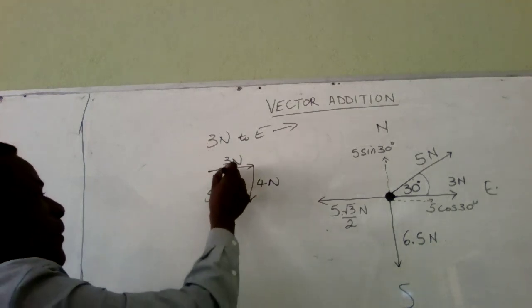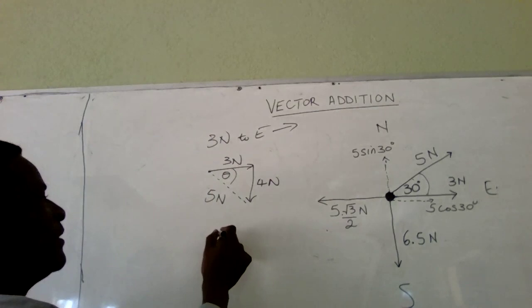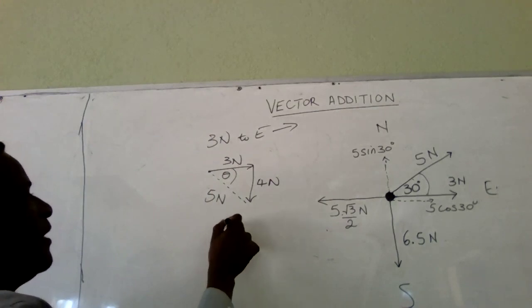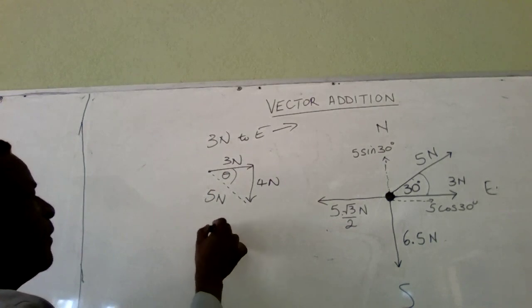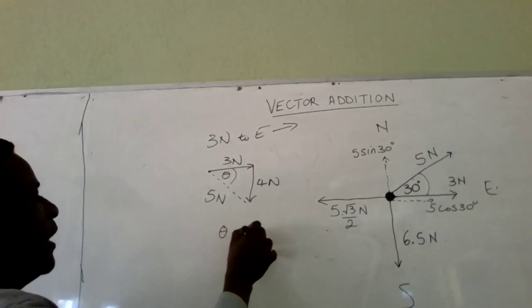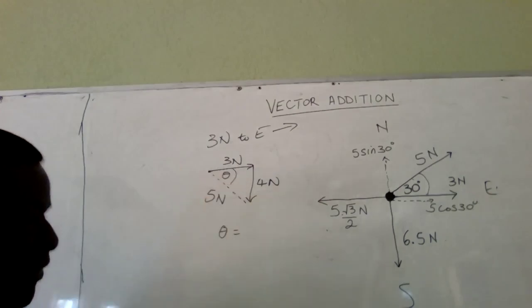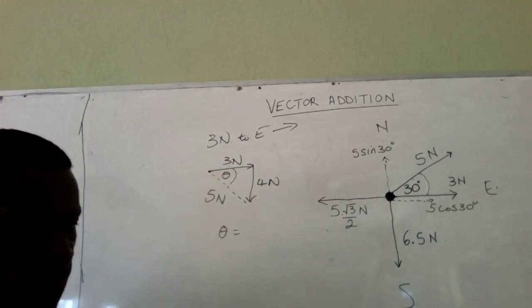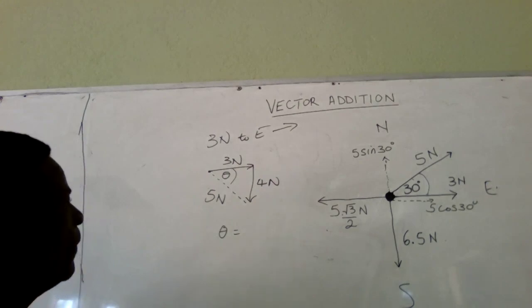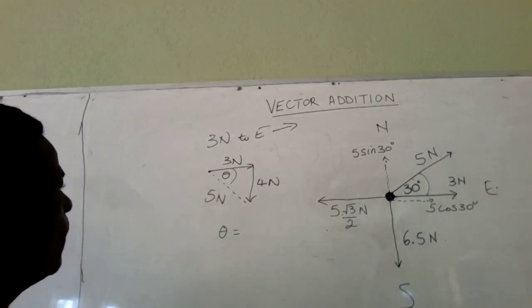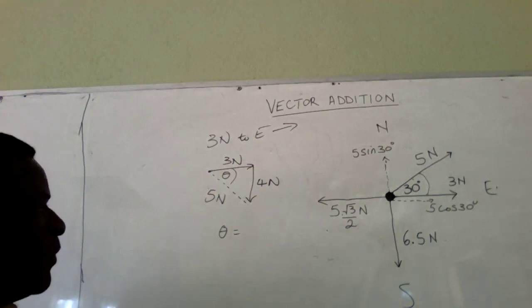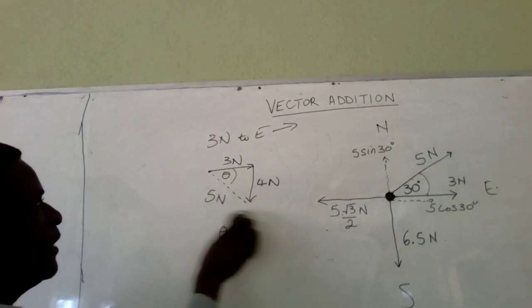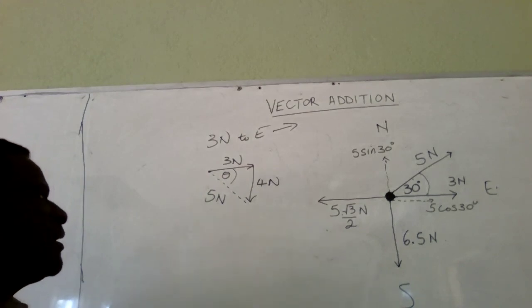Then you must find the angle. Let's say it's theta. Then theta is the inverse tan, and the tan of the angle is 4/3. Right? So that would give you the angle. Let's assume that angle is 40 degrees.